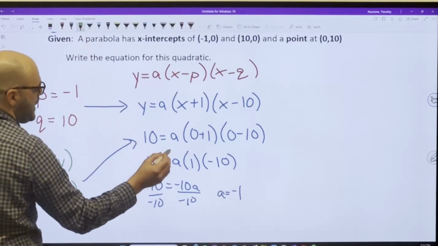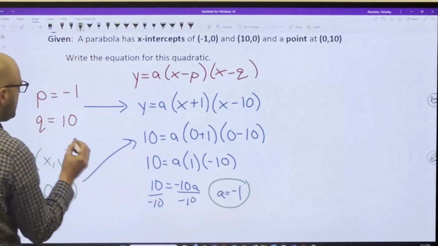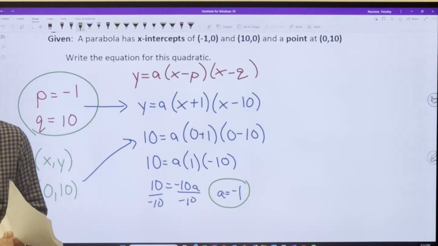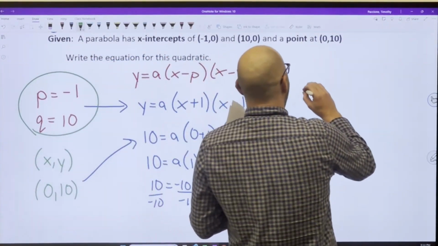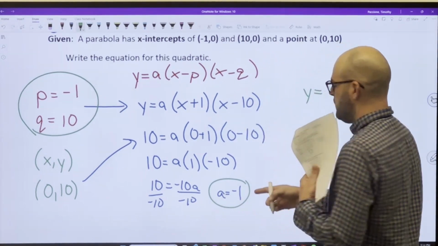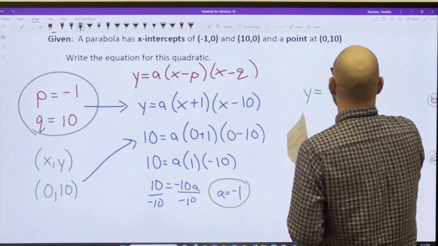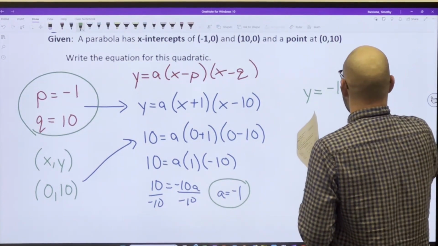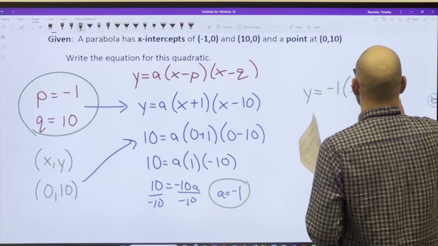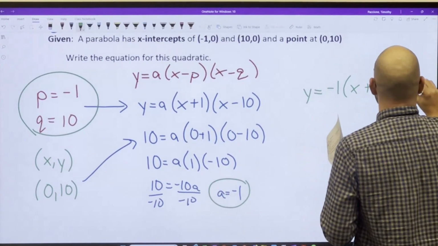So now I found that missing a. I also already had my p and q. So I have everything I need to write my equation now, right? It will be y equals, what's my a? What did I find? Negative 1, and then parentheses, x minus 1 plus 1, and then x minus 10.